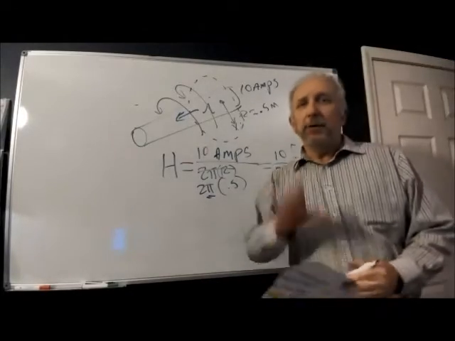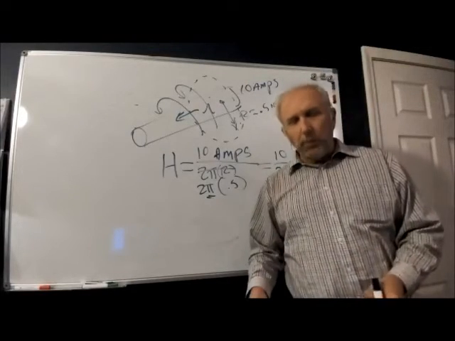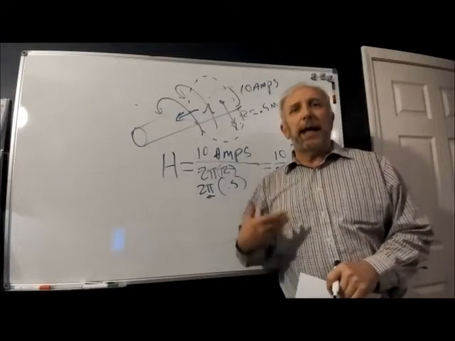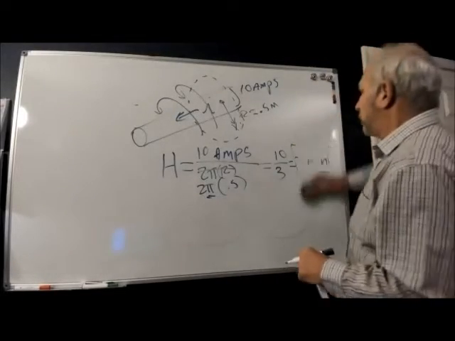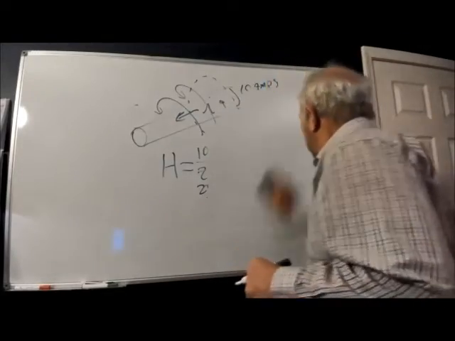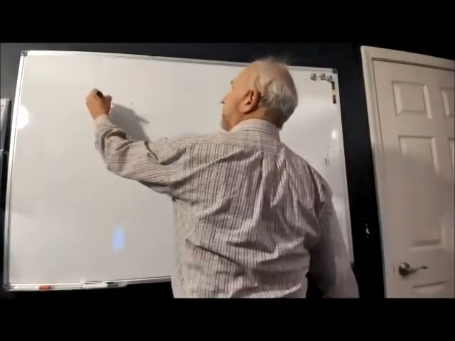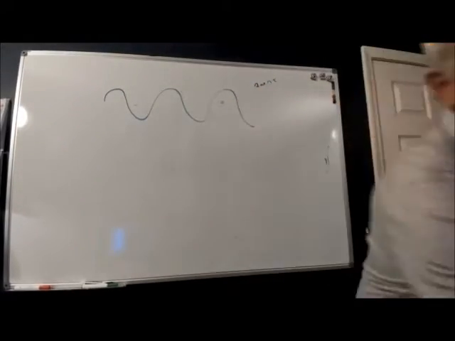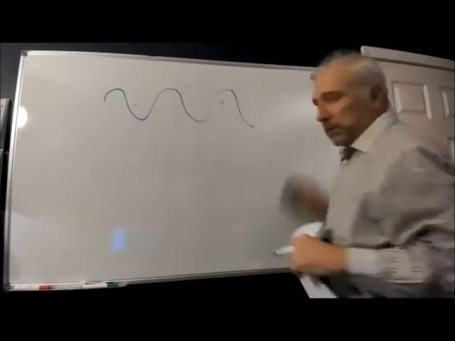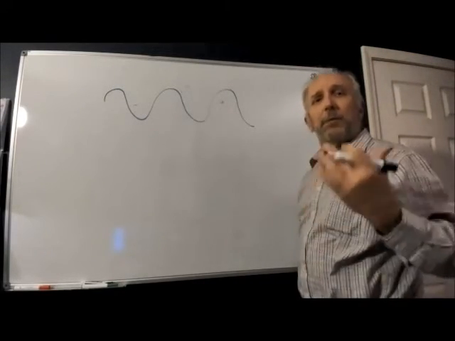Talking about a changing electric field and changing magnetic field, obviously if it's changing, it has some frequency or period associated with it. So let's look at that. This is the frequency of our electric field, magnetic field, or electromagnetic wave.